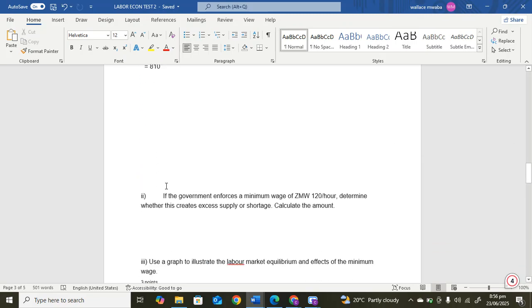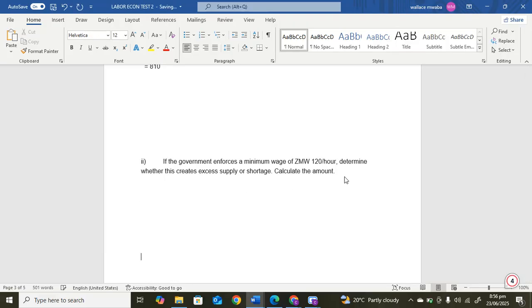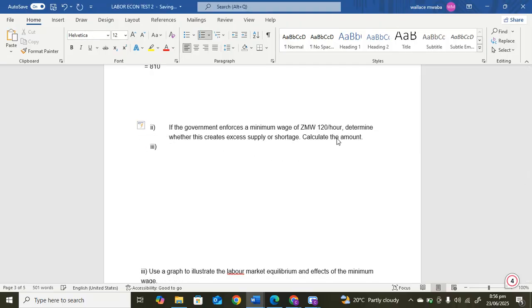Okay, if government enforces a minimum wage of 120 kwacha per hour, determine whether this creates an excess supply or a shortage. Okay, so the minimum wage, basically this is the minimum amount that workers must be paid.